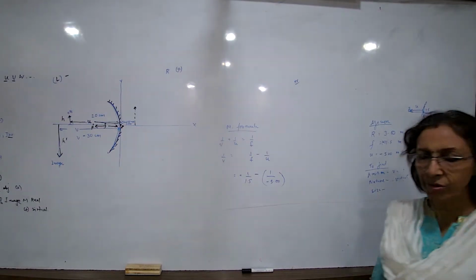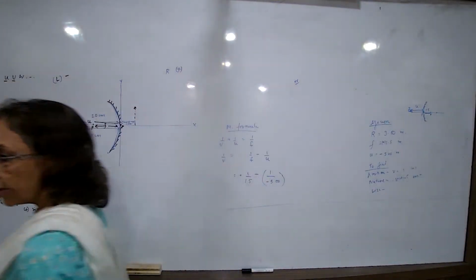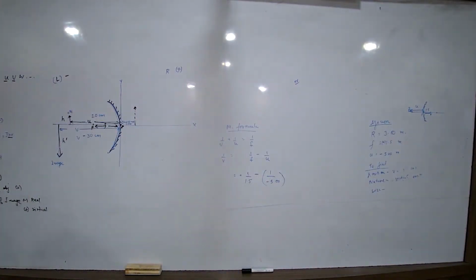Is there any part that you did not understand? Do it in your work. So credit is given for writing down the information, half mark for the formula, half mark for substitution, for working, for writing the correct units.